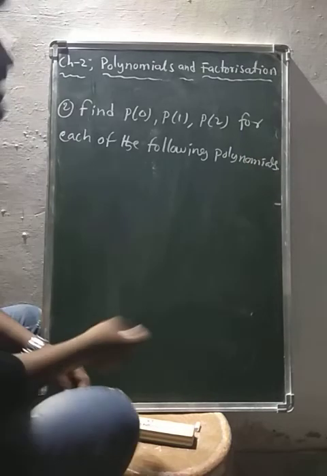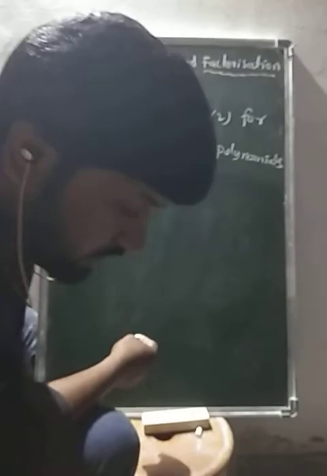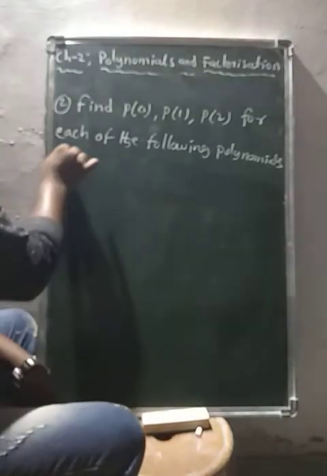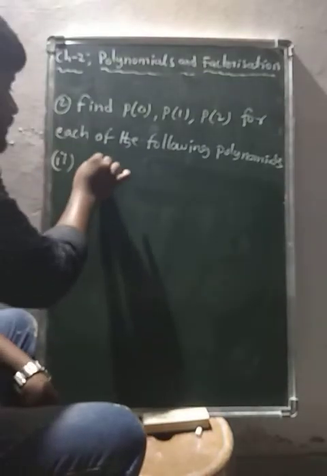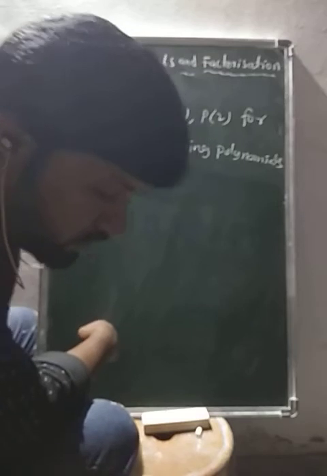Okay, so this is the question. In that I'm taking the second question. The given polynomial p of y is equal to 2 plus y square minus y cube.